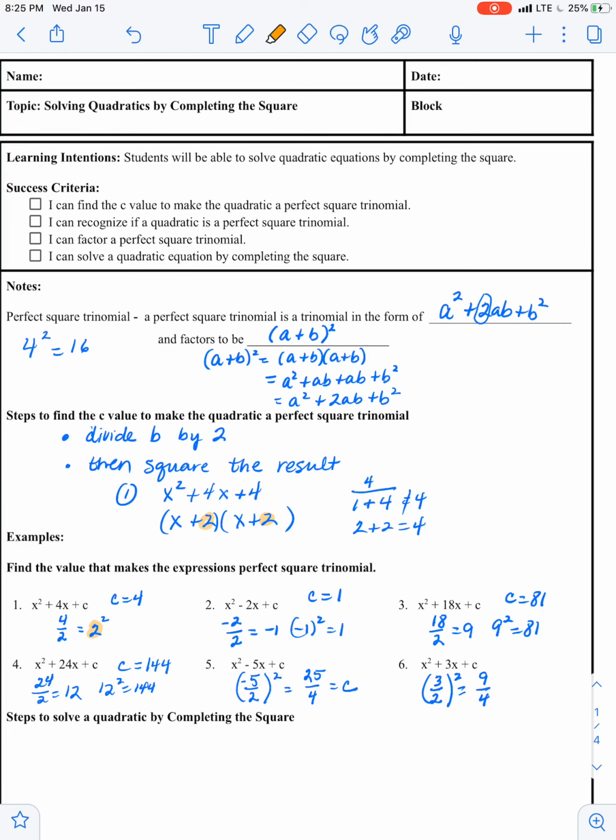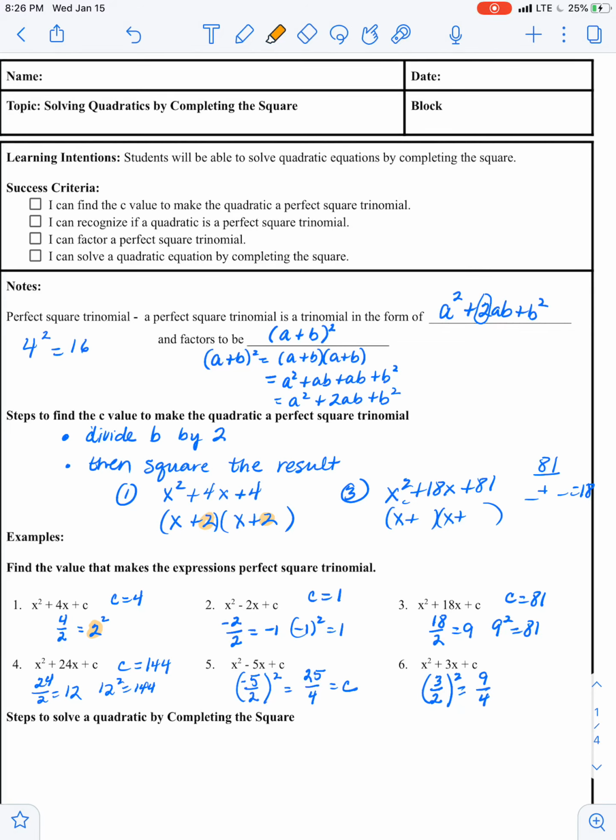Okay? Now I want you to notice that the 2 is the same as the number right there. Okay? So let's do another one. So if I have, I'll just do 3. X squared plus 18x plus 81. Okay? X and x, so they're both going to be positive. So what are factors of 81 that add and give me 18?